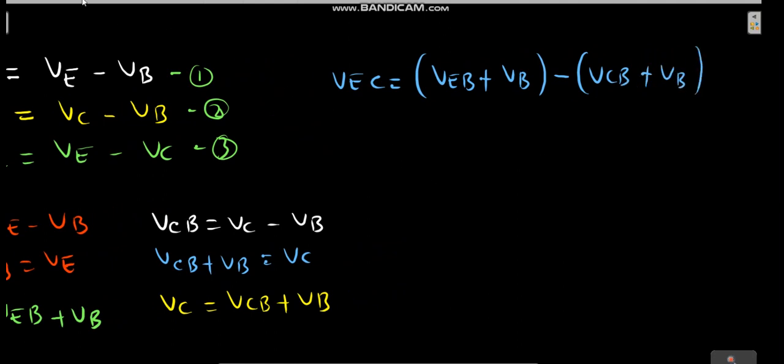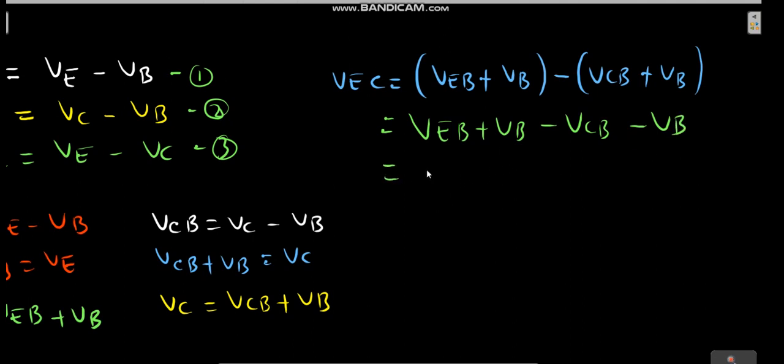Okay, so this is what I have now. So from here, let's open the brackets. Then I have VEB plus VB minus VCB minus VB. Okay, so let's group like terms here.